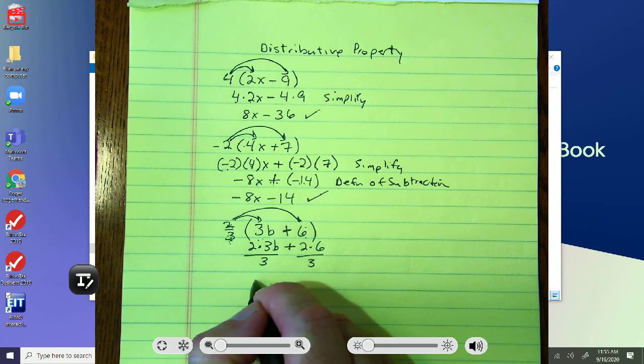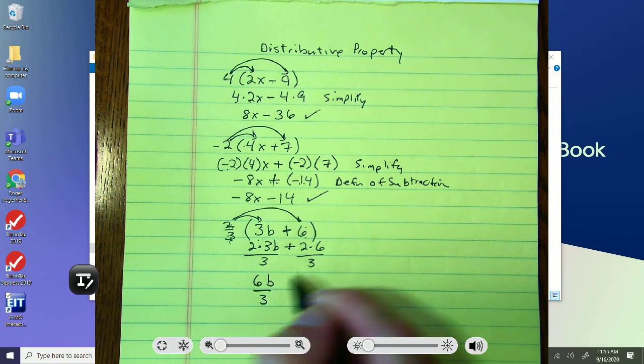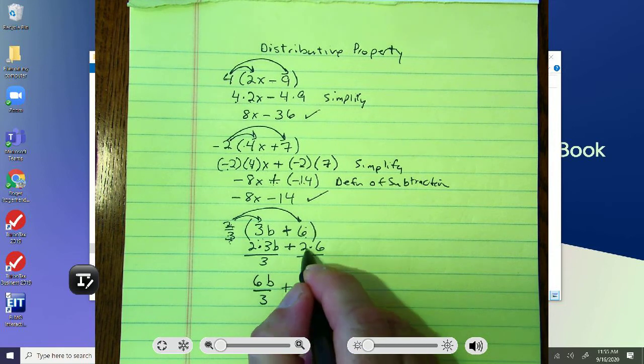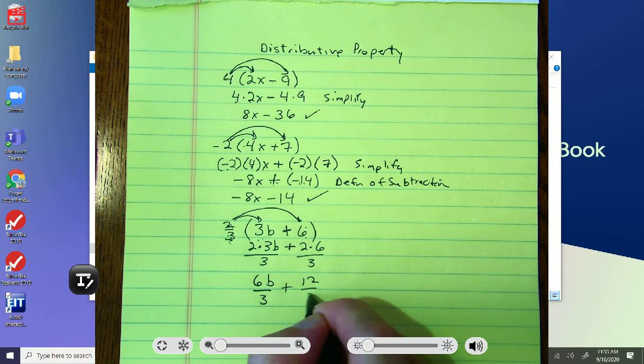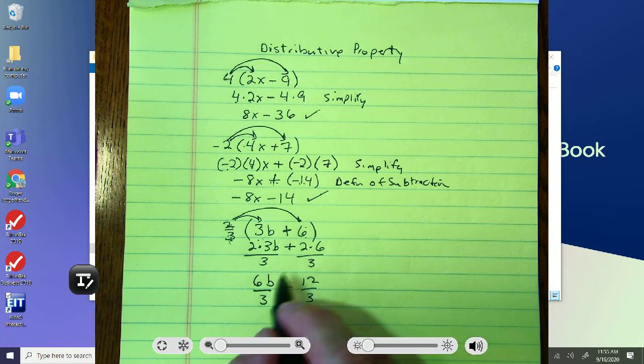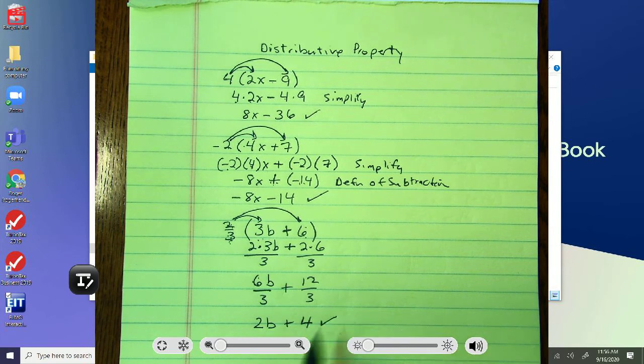So now I simplify. 2 times 3 is 6b over 3. 2 times 6 is 12 over 3. Now I can reduce: 6 divided by 3, 12 divided by 3, and we're done with that.